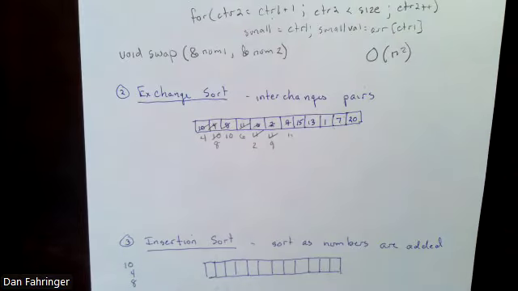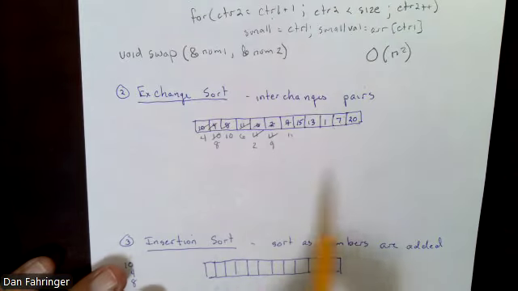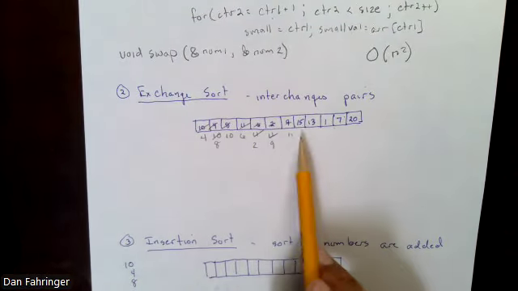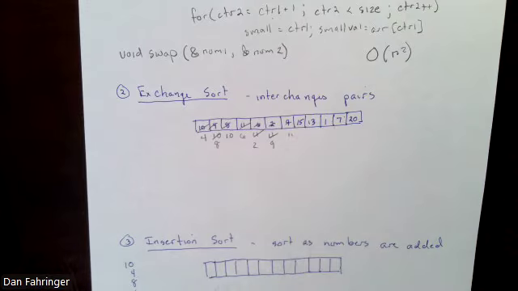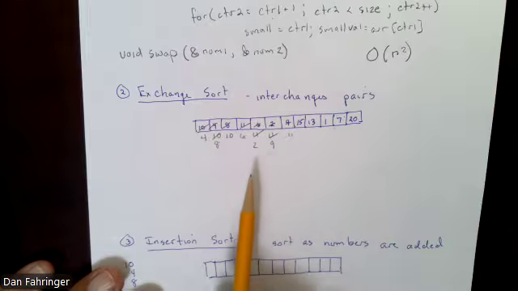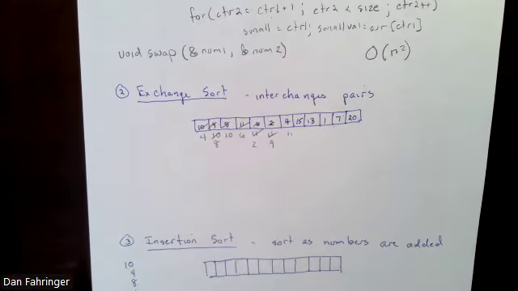And I could just keep going through, swapping all the way out. And I would end up with the largest number working its way out. And then if there was a swap, do it again. If there was a swap, do it again. That was one of the bubbles, right?